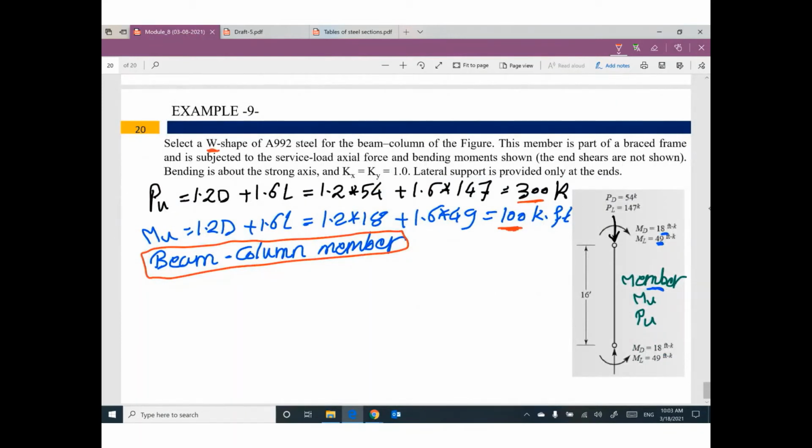So this member looks like a W shape, something like this. We need to select one from steel A992, that means yield equals 50 ksi. And the buckling K equals 1 and the member length is 16.